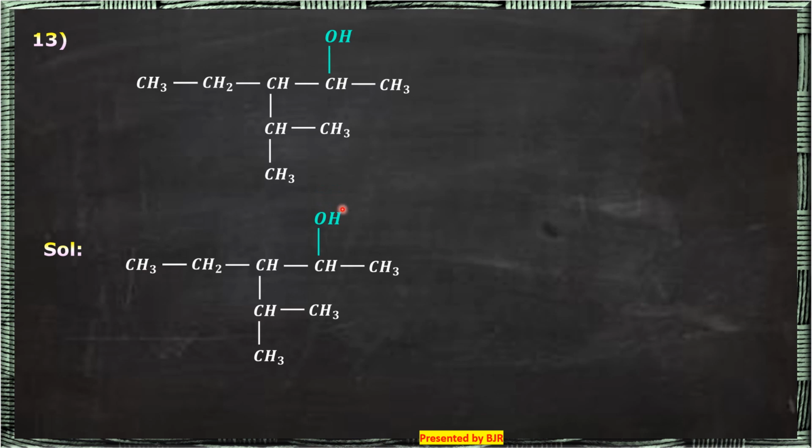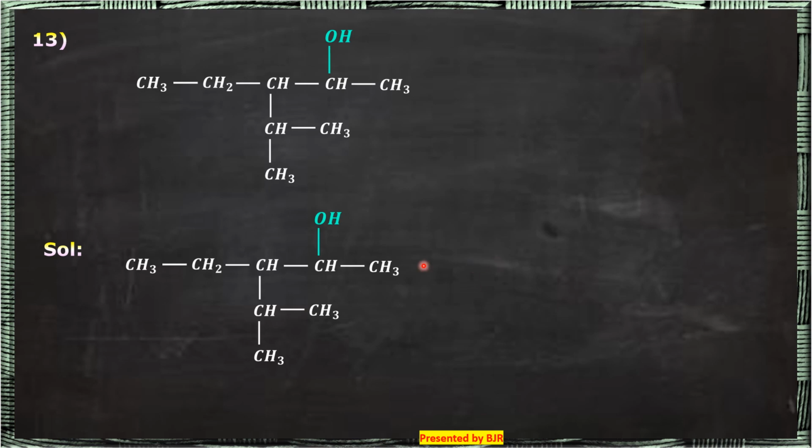Next, problem number 13. Solution. This is an organic compound containing the alcohol functional group, OH. In this case, the selection of the parent chain is the most important one. Why?